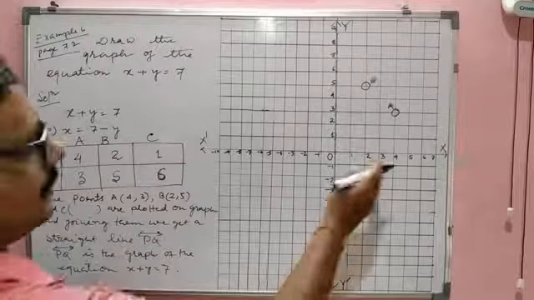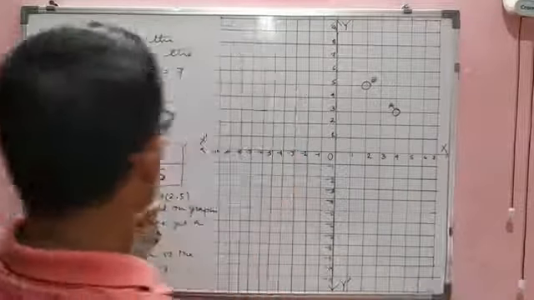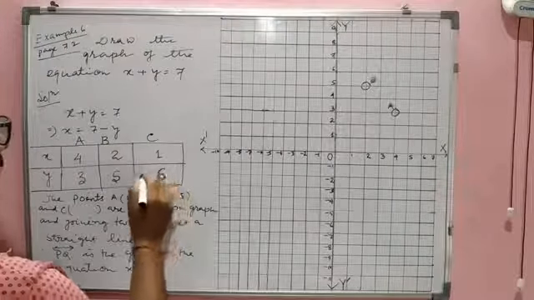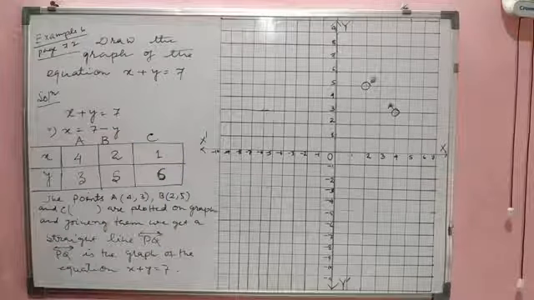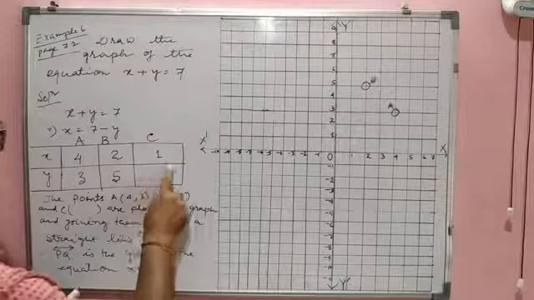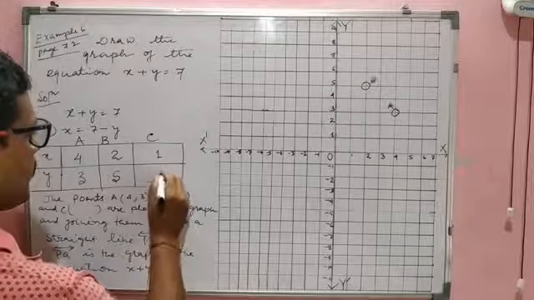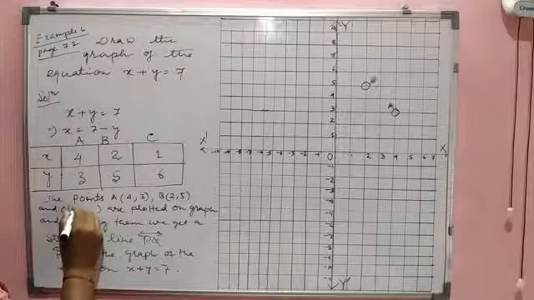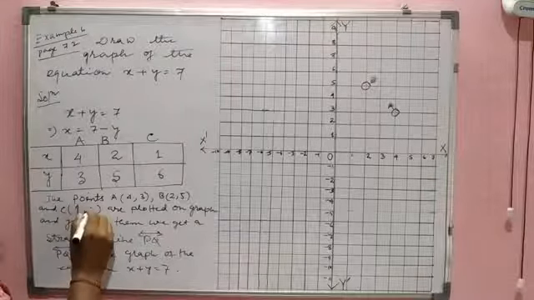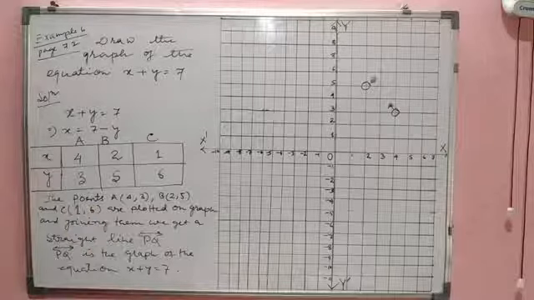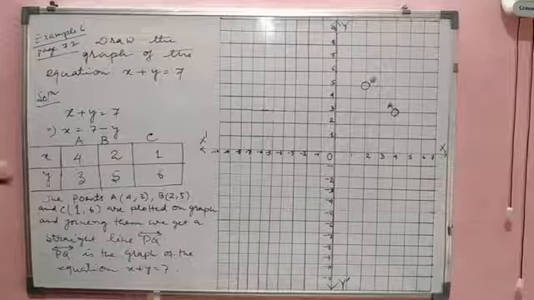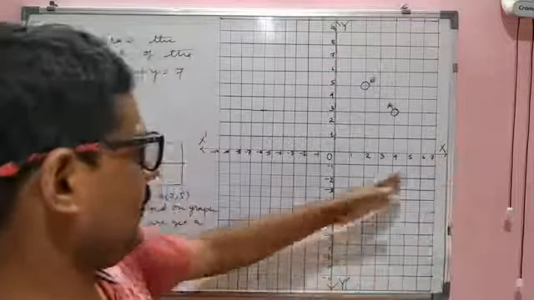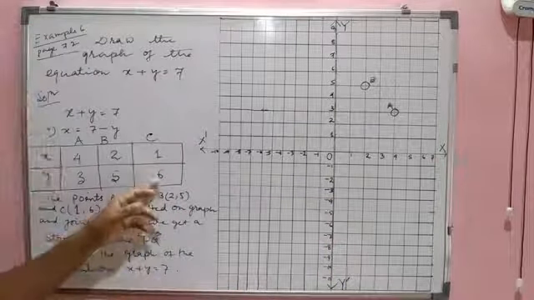Because here I have made the graph only up to 7, so let us take this value of y as 6 and then value of x will be 1. So the point is 1, 6. Okay, understood? Because here up to only 7 I have made, there is no 8, that is why I am changing this point.